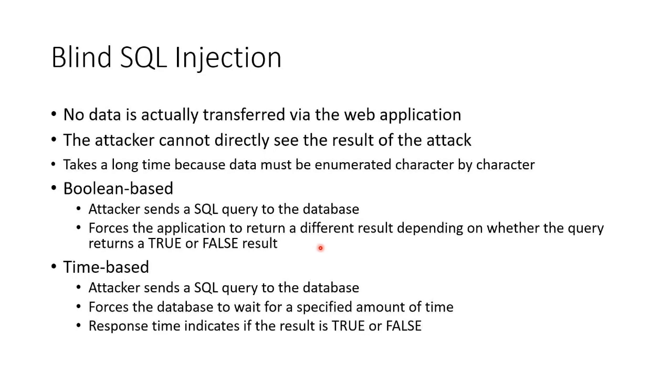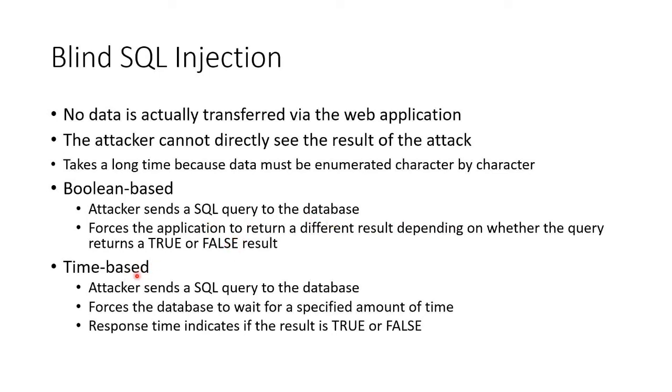So we can say, basically, does the person's last name start with an A, true or false? Okay. Does the second letter start with a B, true or false? Does the third letter start with an E, true or false? And we slowly go that way. So it gives us one kind of result for true, another kind of result for false. You can see how slow this goes.